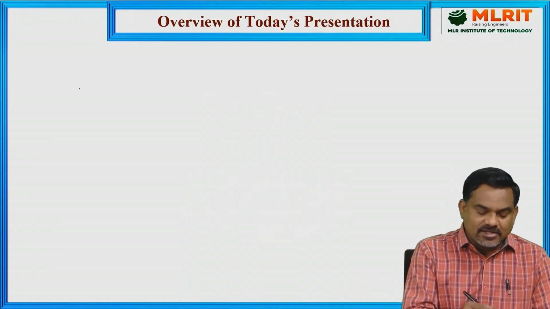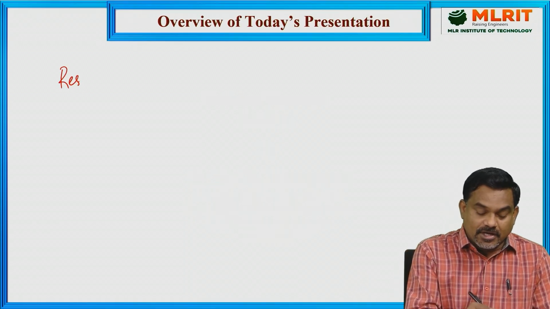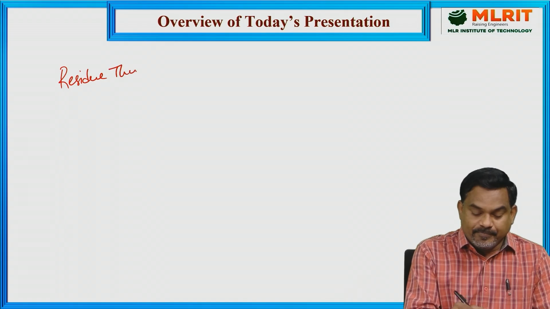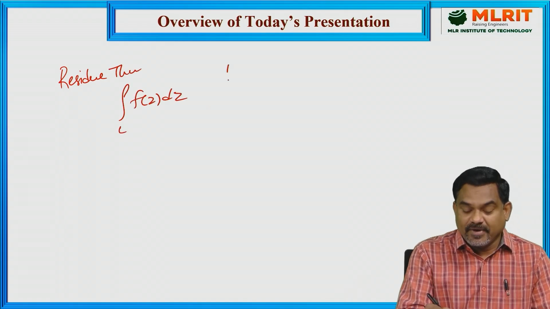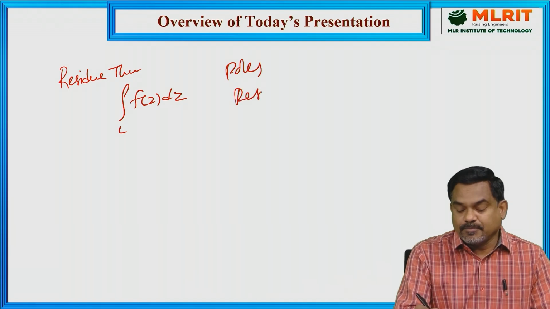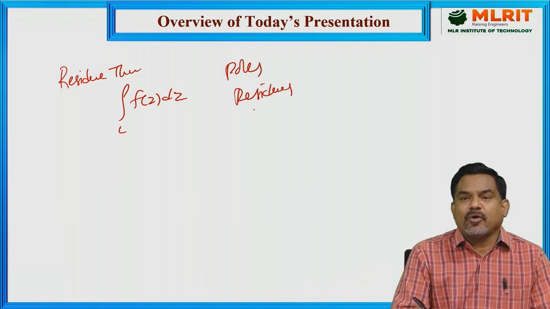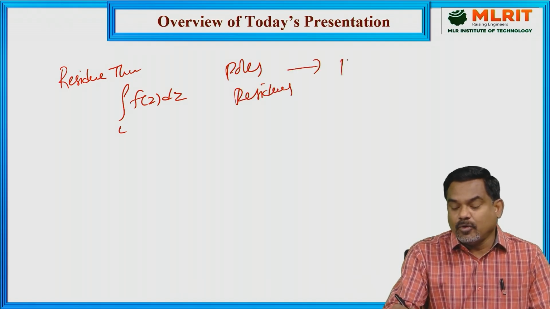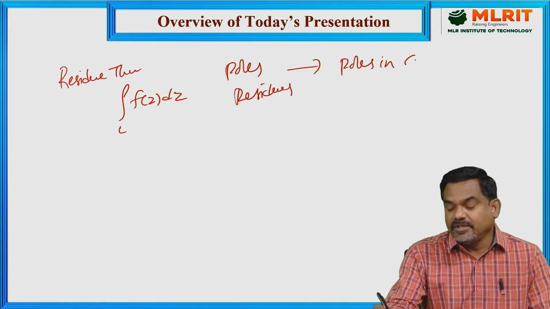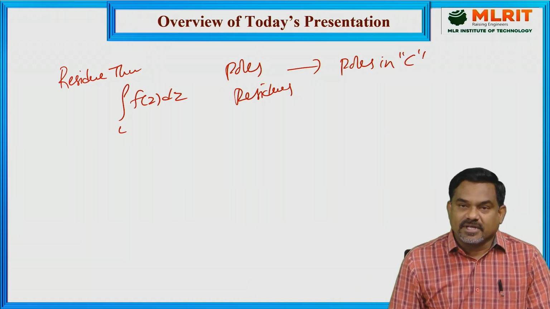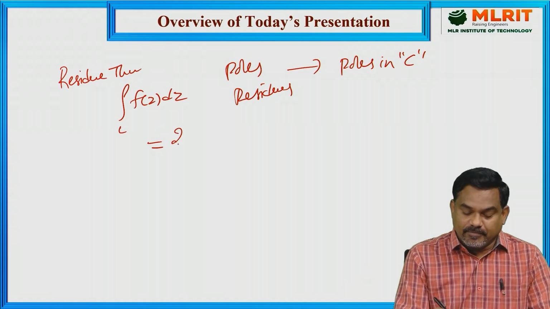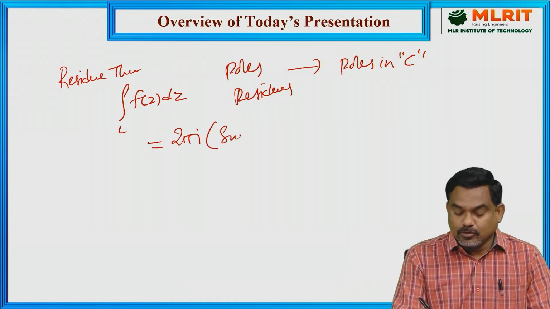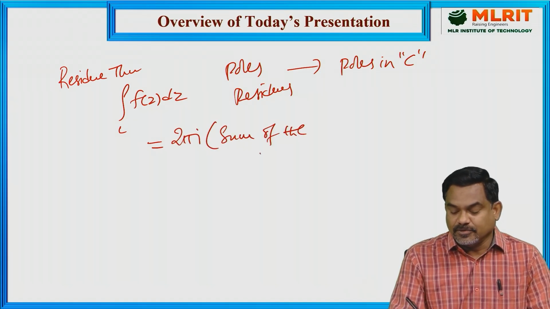In the last session, I introduced Cauchy's residue theorem, using which we can evaluate the line integral of a given function by finding the poles and corresponding residues. The main point is to identify the poles which are within the given circle C. Then by Cauchy's residue theorem, the line integral is equal to 2 pi i into the sum of the residues.